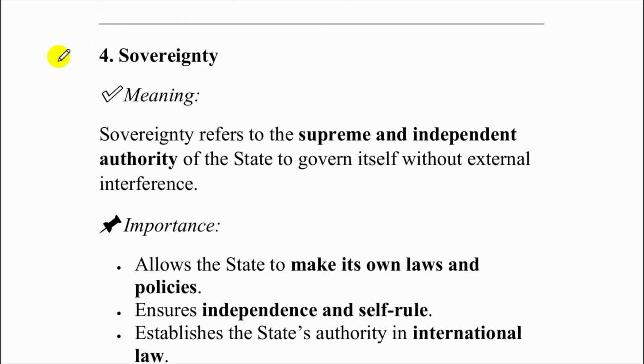We look at the final element of a state, which is sovereignty, which is very important. Sovereignty means that the state has supreme and independent authority. That is, the state governs itself without any internal or external interference.